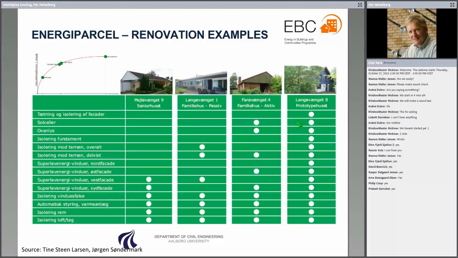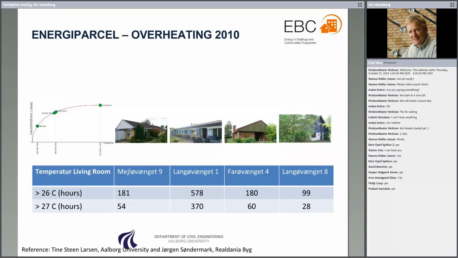However, if you look at the results of the thermal conditions in these buildings, we can see that especially one building had a very big problem with overheating.